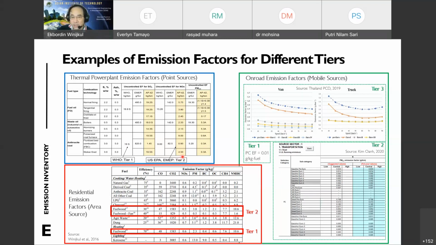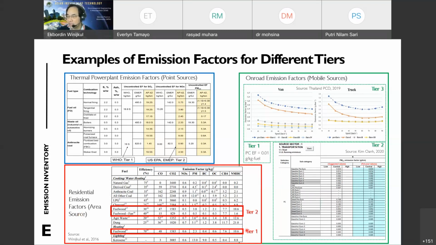For the point source, the tier 3, as we discussed, is going to be data from SEM, which are specific for the factory. For the residential sector or the area source, you can see that if we are talking about the emission factor from the fuel wood, different types of fuel, then this one can be considered as tier 1.